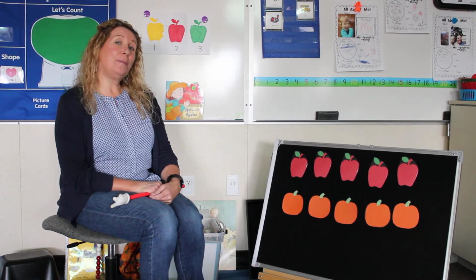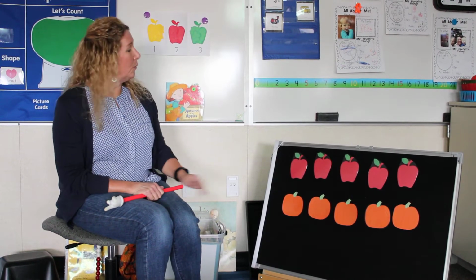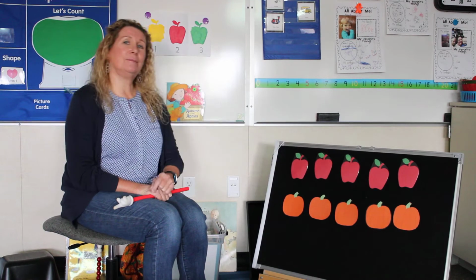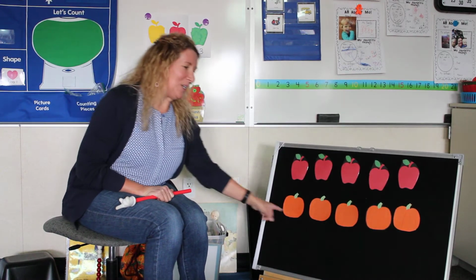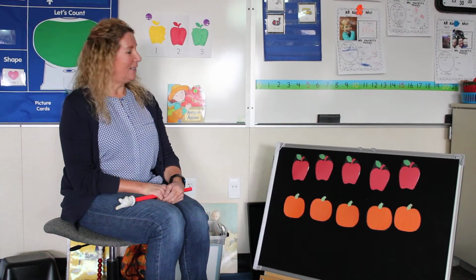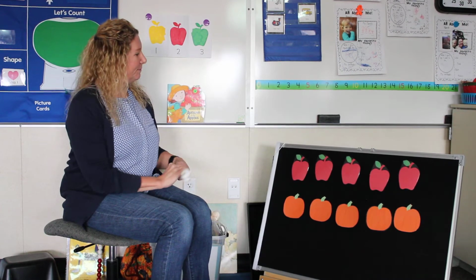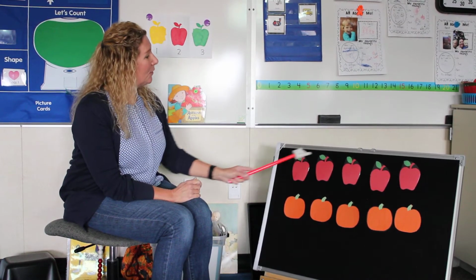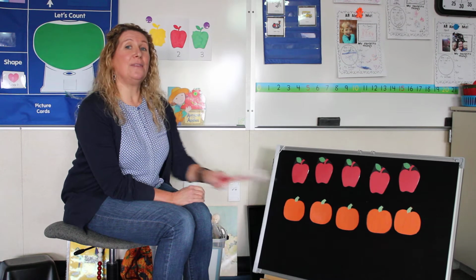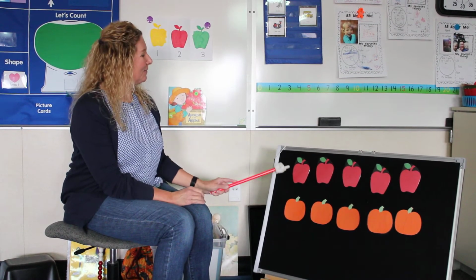Wow, I wonder how many we have in all. We know we have 5 apples. We just counted them. We know we have 5 pumpkins. I wonder how many we have in all. Let's start counting. We'll count the apples first, and then we'll keep counting our pumpkins.